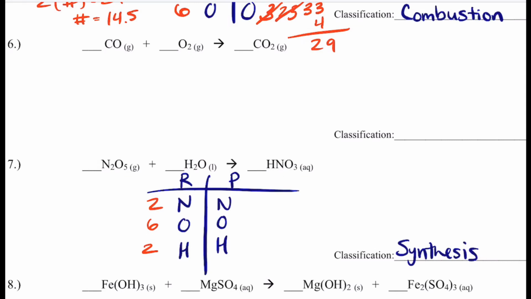I've got 1, and then 3. So actually, this one doesn't look too bad, because if I put a 2 there, that goes to 2, which is what I want. That guy goes to 6, which is what I want, and H goes to 2. So I think we got pretty lucky here, because normally when it's like that, it's not that easy.